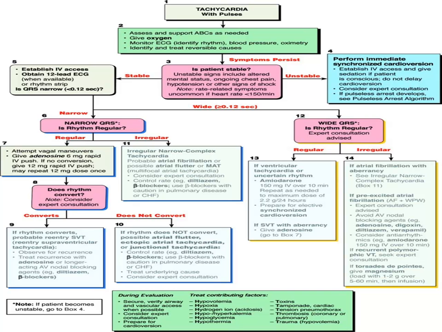And then here's what y'all have been looking at this whole time, your tachycardic. Now, very important with all of your ACLS algorithms are going to be what? Your reversible causes, your H's and T's.